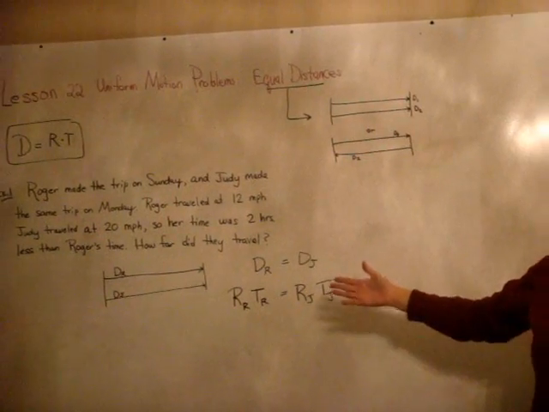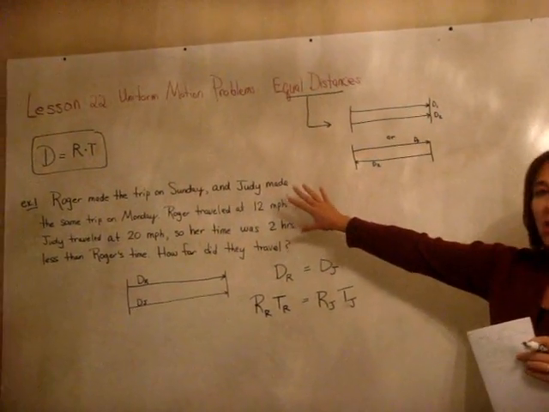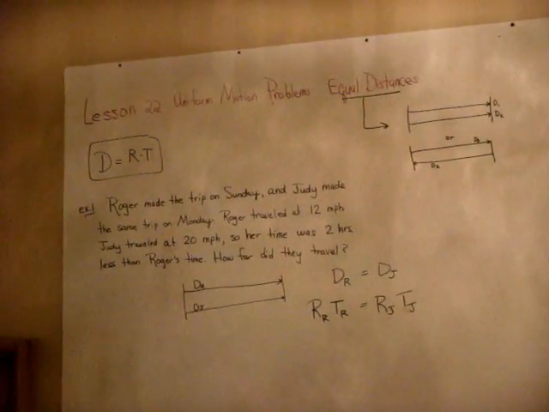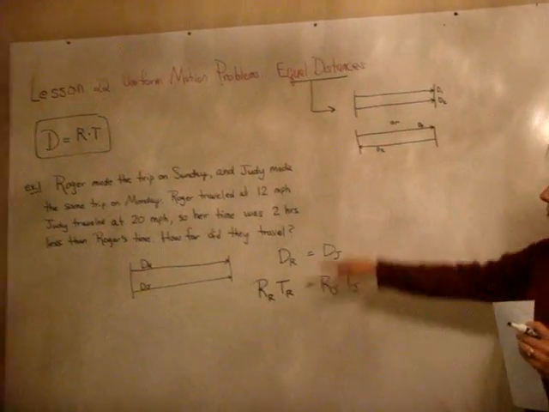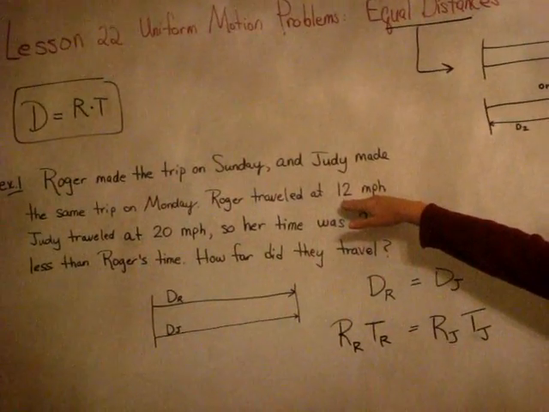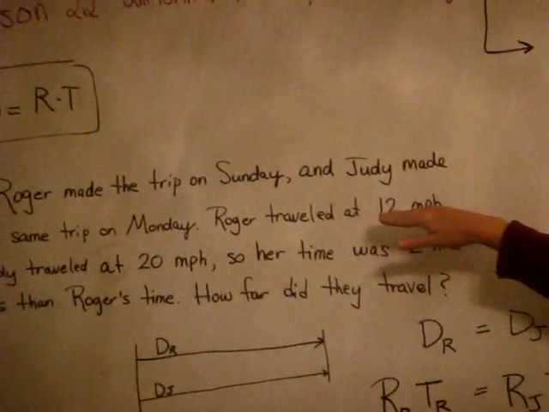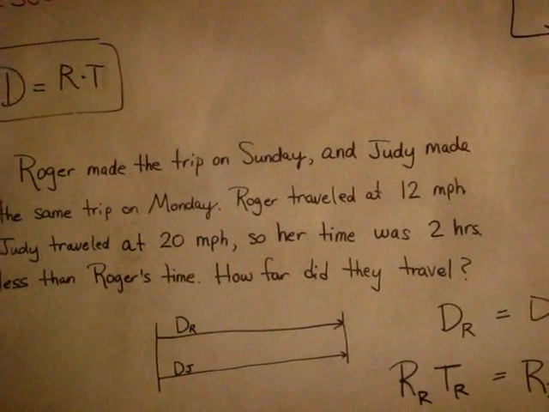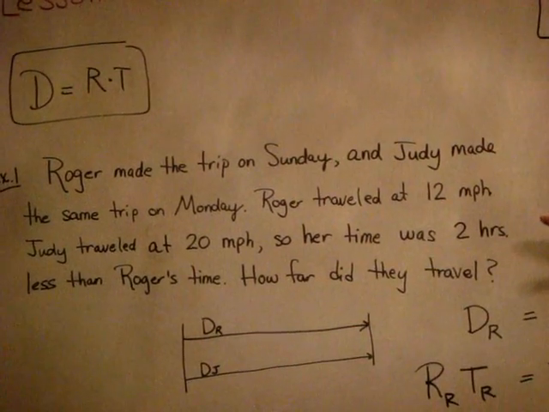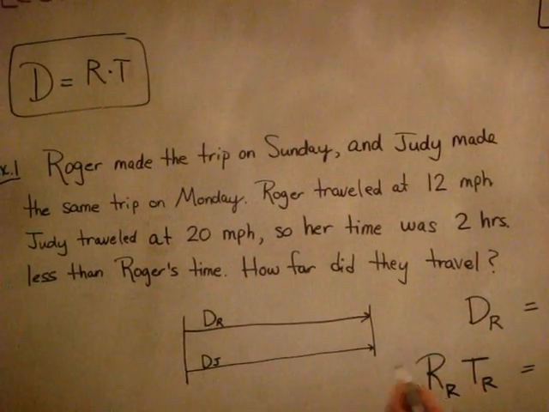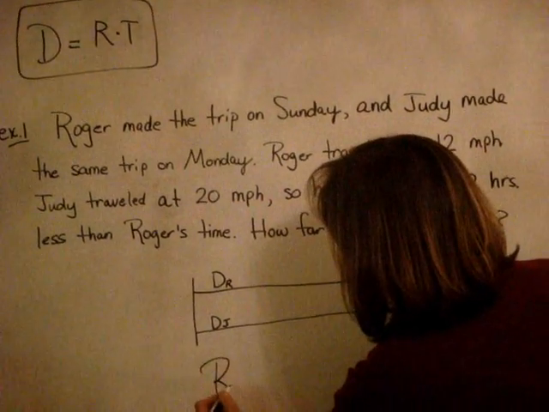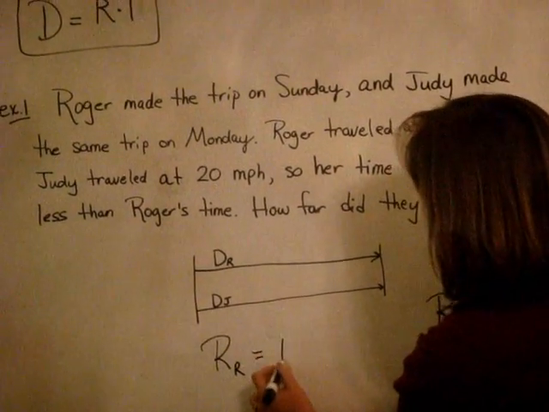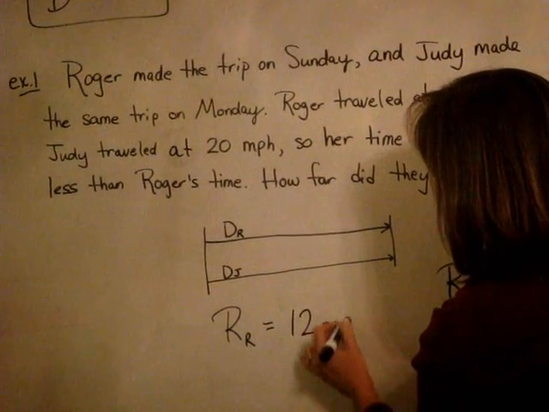Different names, same equation. So let's go back to our problem and see what kind of information the problem has given us. First of all, it tells us that Roger traveled at 12 miles per hour. When you talk of miles per hour or kilometers per hour, that's going to be your rate. So we know that the rate of Roger is equal to 12 miles per hour.